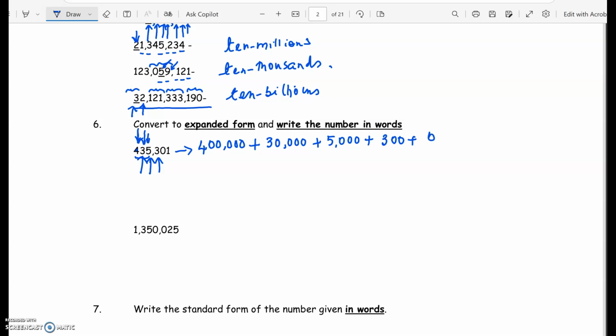And then of course we have a 0 in the tens place and a 1. When we add up all these numbers, we get 435,000. So that's the first period from the left. And then we have comma, 301.